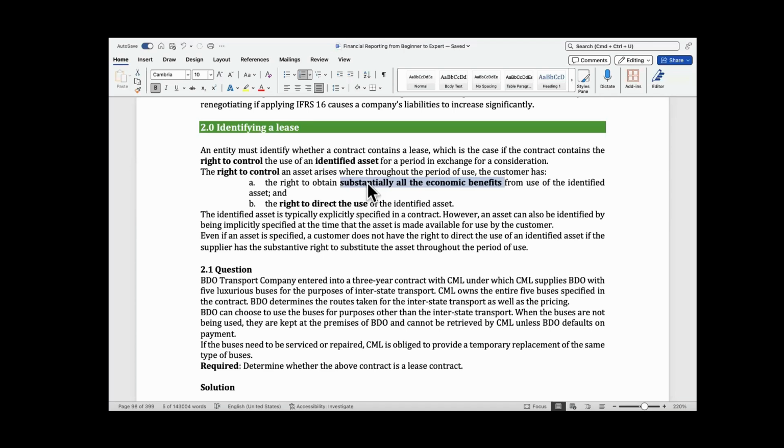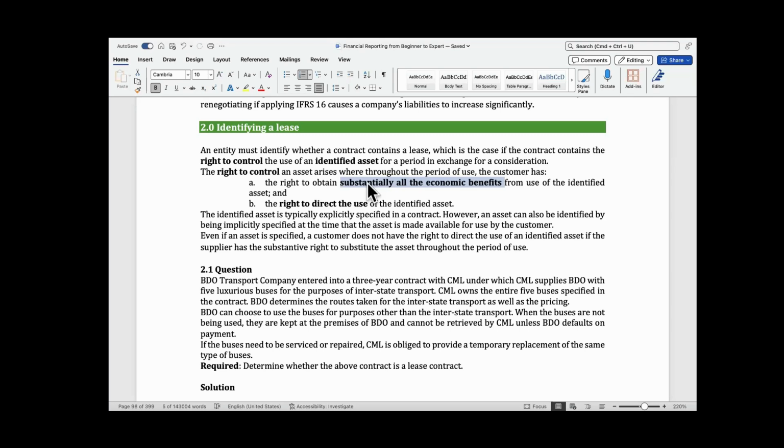So for this part A to happen, two things: the lessee must be the only one using the asset, and we must be sure that there is an identified asset. That goes to show that the lessor cannot, during the period of the lease, decide to substitute the asset. It's not possible. He cannot substitute the asset.